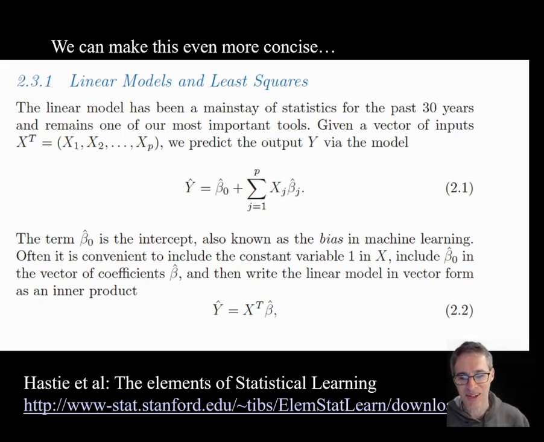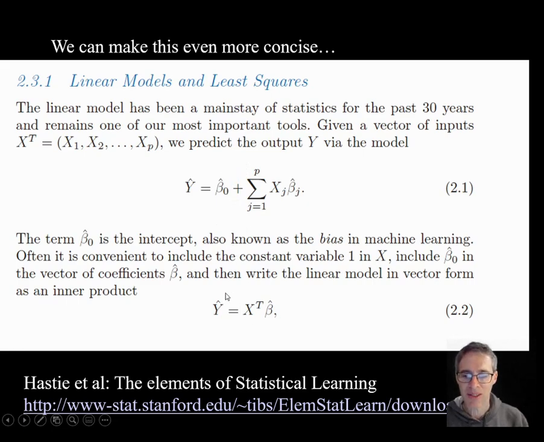And like many machine learning textbooks, this textbook starts with basic linear models, because linear models are the building blocks of more complex and more sophisticated machine learning algorithms. Right? So we can express this equation again by having the intercept be this column vector of ones.